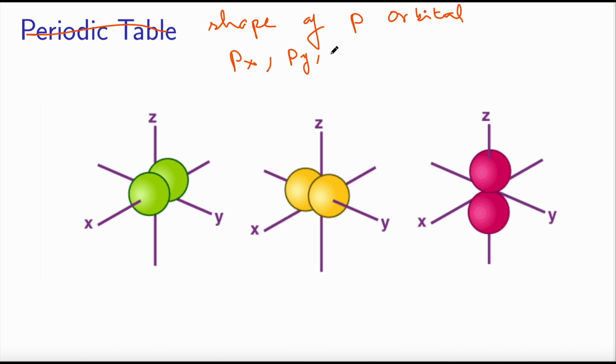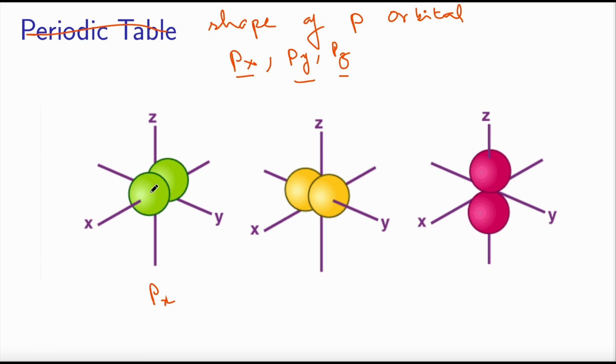Each is a different wave function. For px, if we find the probability, we will see that it is dumbbell shaped.